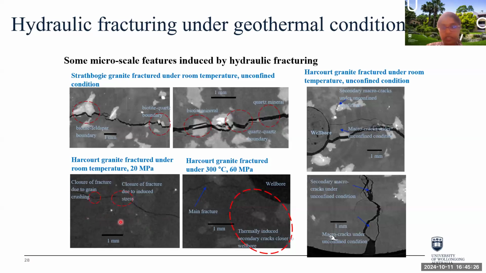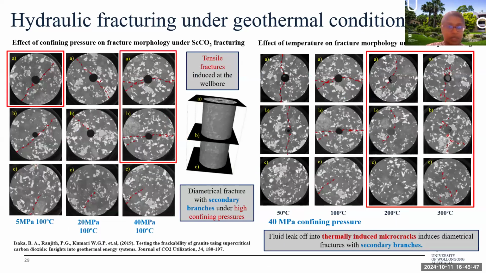Under confining pressure, there could be closure of the fracture due to grain crushing, and we also observed very small thermally induced cracks close to the wellbore zone with injection of cold water into the hot rock.